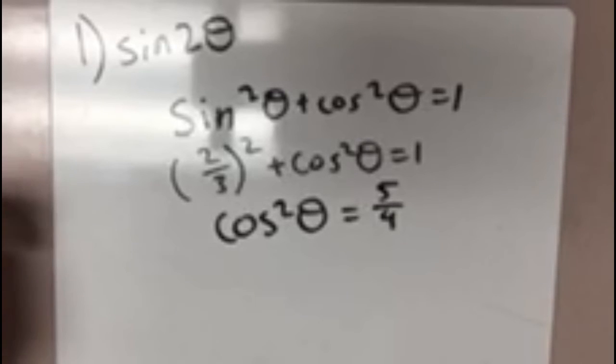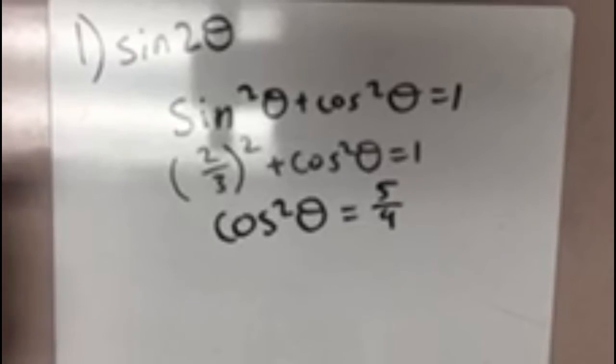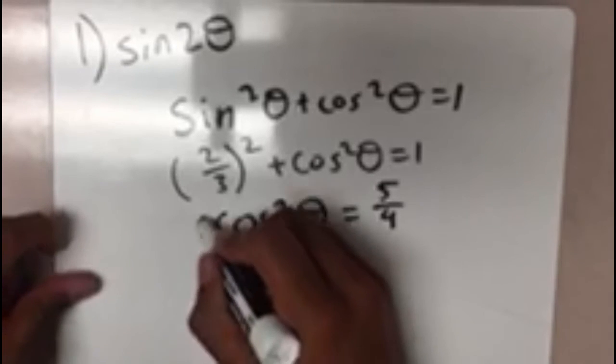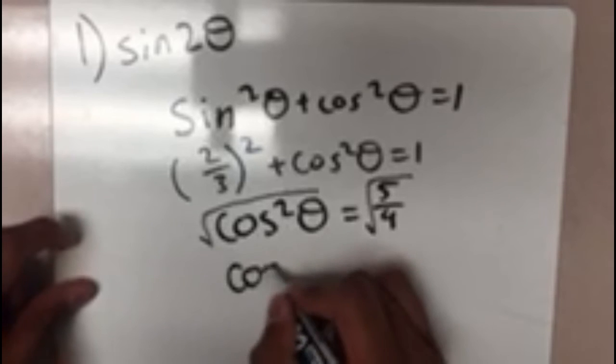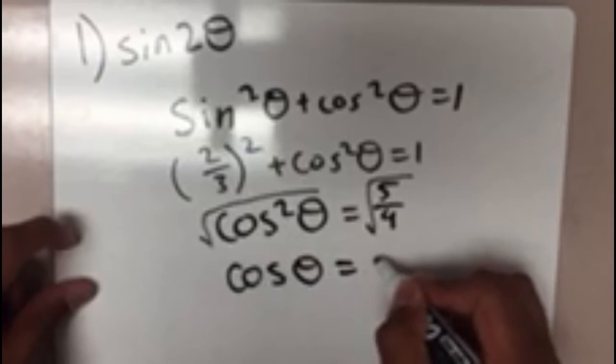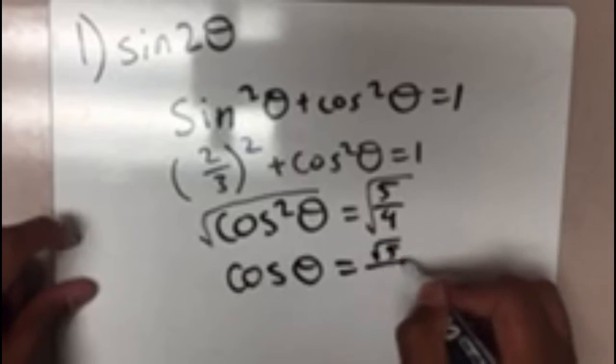And then, to get cosine theta, you have to square root both sides, and you get cosine theta, which equals root 5 over 3.